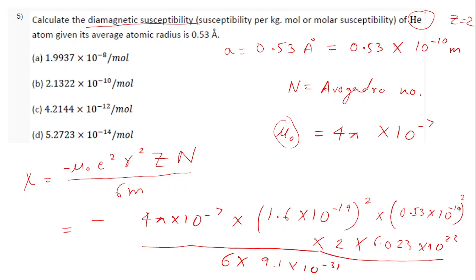And we'll do 4 times pi times 6.43 times 2 times 6.38 divided by 6 divided by 1.